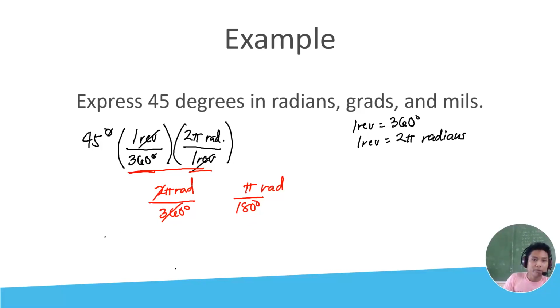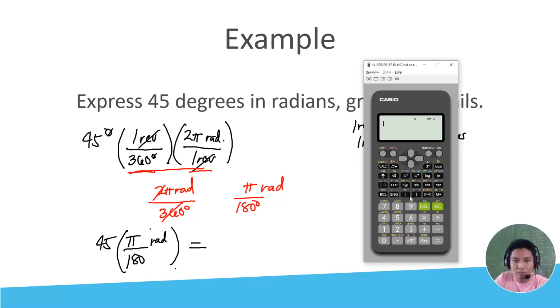Now, going back to the problem, if I'm going to multiply 45 by pi over 180 radians, we will have an answer of 45 times pi over 180.